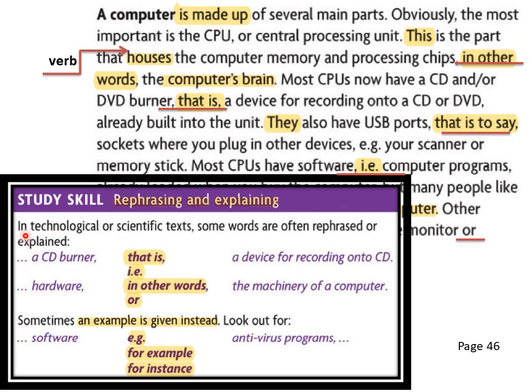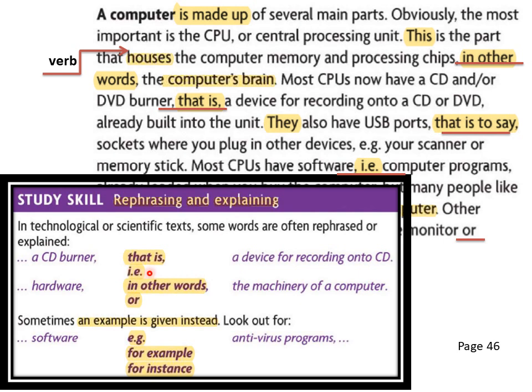So we're going to go through technological and scientific texts. Some words are often rephrased or explained using the following structure. For example, a CD burner, that is, a device for recording onto CD.